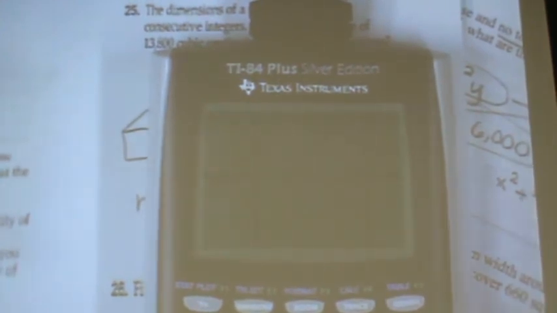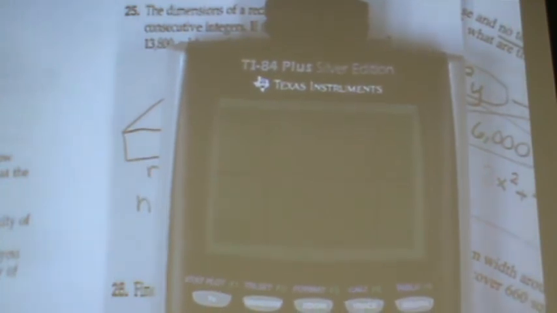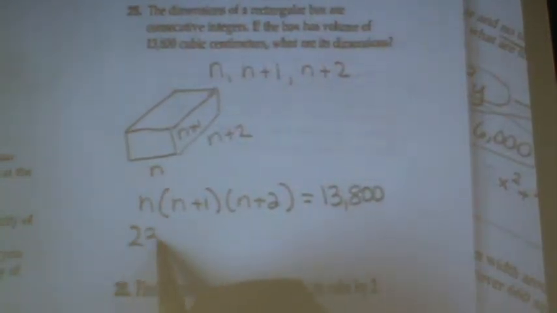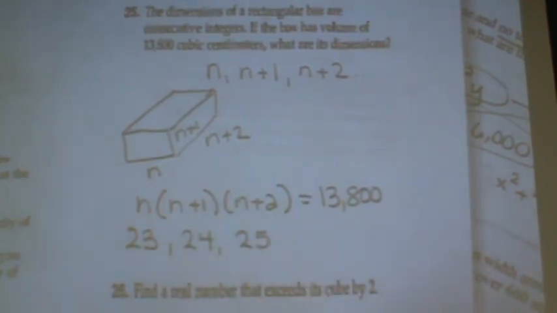Type that in, and we are going to hit second calc 0. It looks like it's between 20, enter, and 29. The answer is 23. So your first integer is 23. It's a 23 by 24 by 25 box.